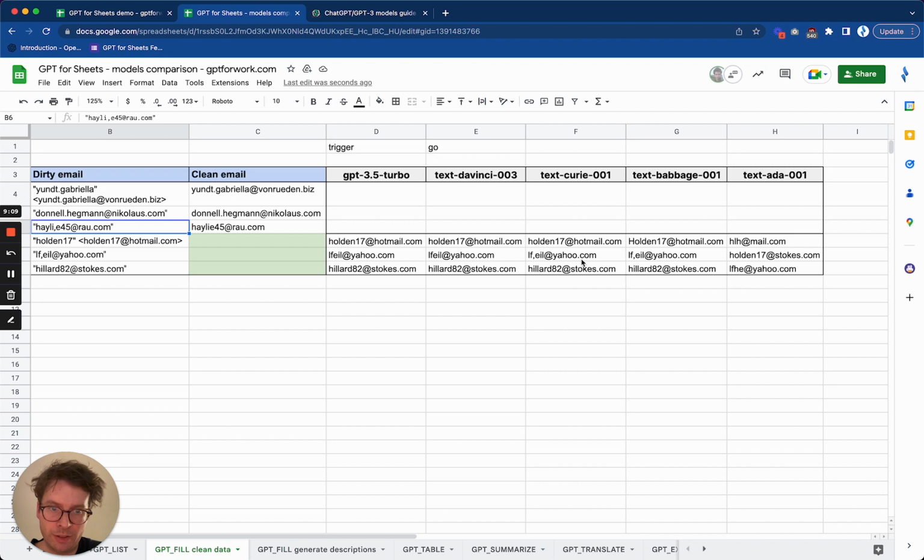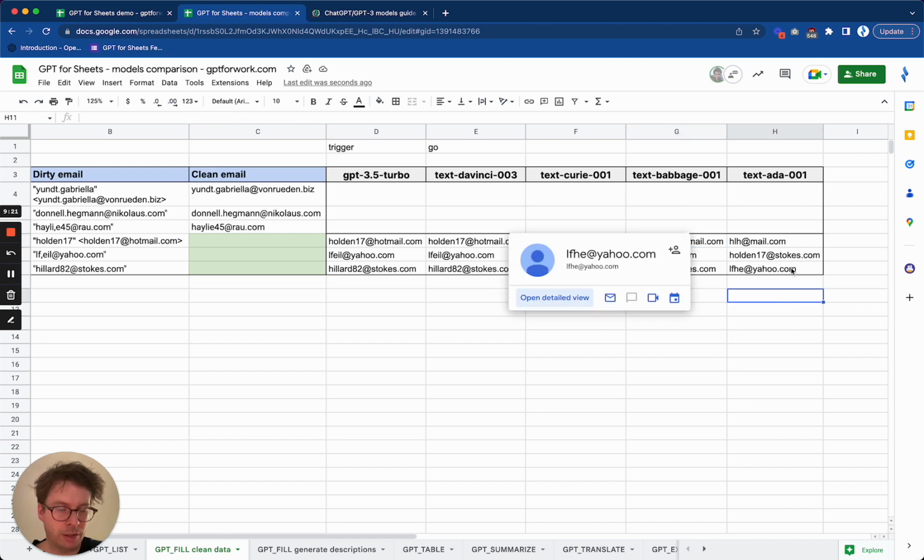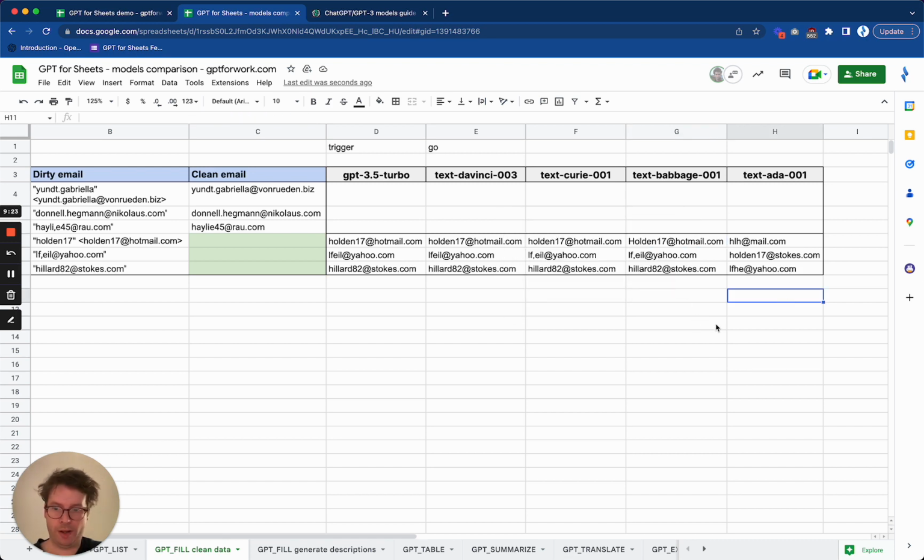So as you can see, it's already less accurate. Text Babbage not only did not remove the comma, but it also capitalized the first letter here, so not so great. And Ada results are completely inaccurate. So I think this is an interesting one. For cleaning purposes, use GPT 3.5 Turbo or DaVinci.